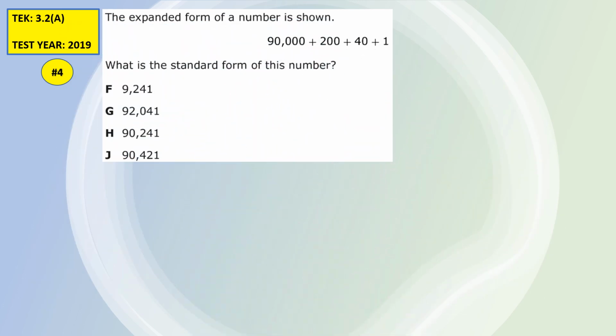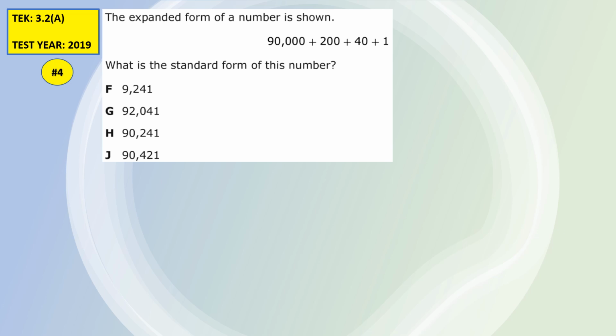Now let's talk about how we solve this if you're not the greatest at taking a number from its expanded form, which is the form in which each digit is added together based on its actual value, and turning it into standard form, which is basically the digits that are already in their place value location.